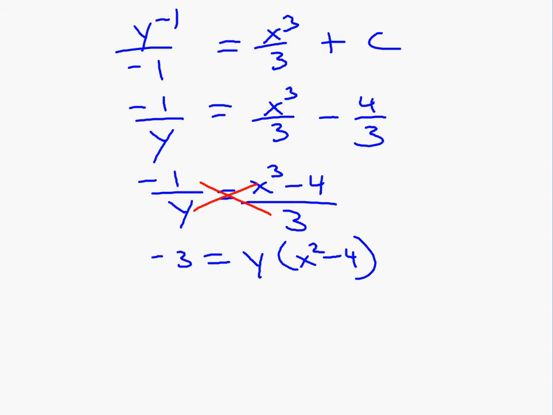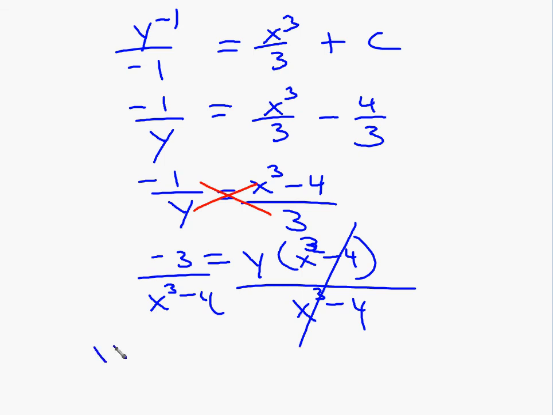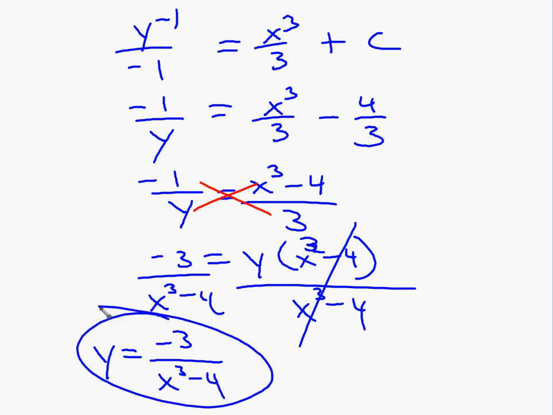All right? And if we're solving for y, don't I just have one more step? Divide both sides by x cubed minus 4. And I now have y equals negative 3 over x cubed minus 4. And I have finished solving that differential equation down to a, what kind of solution is this? Particular. Okay, and we will stop there for today.